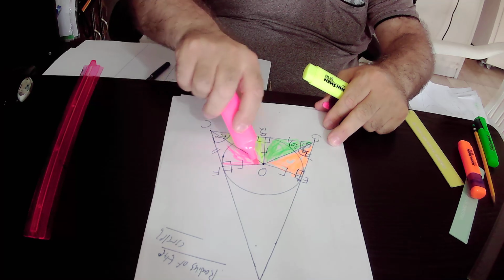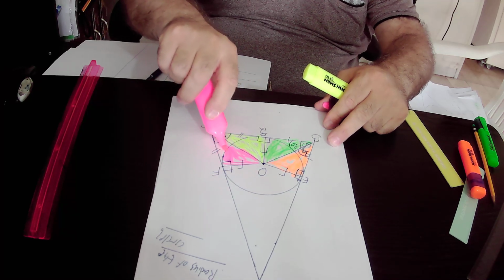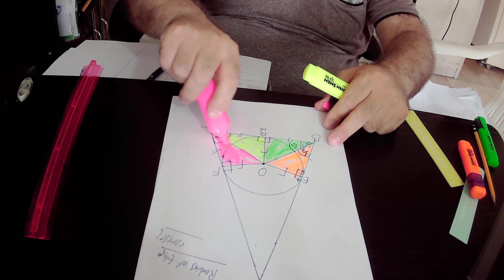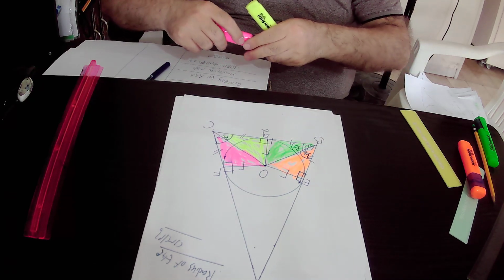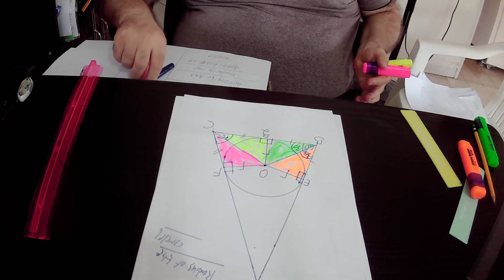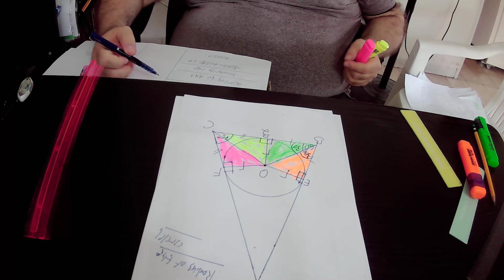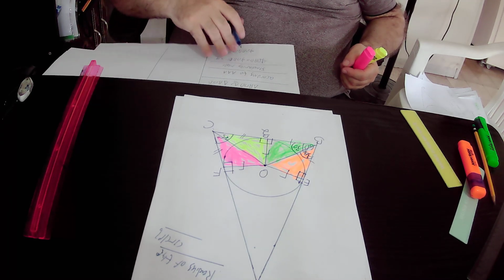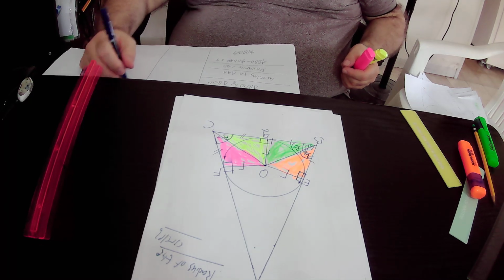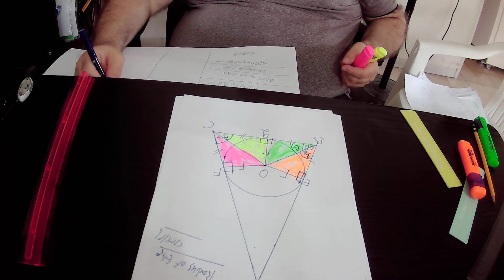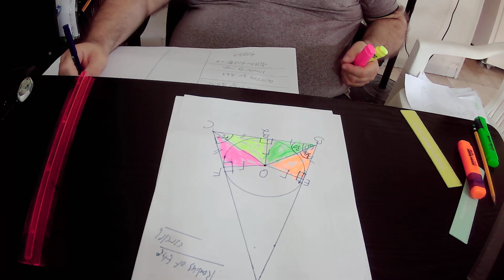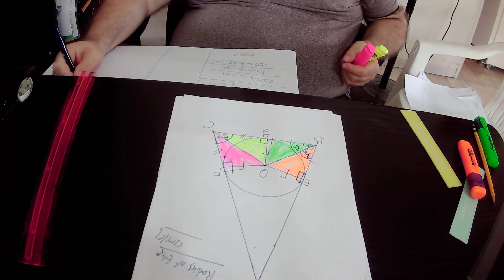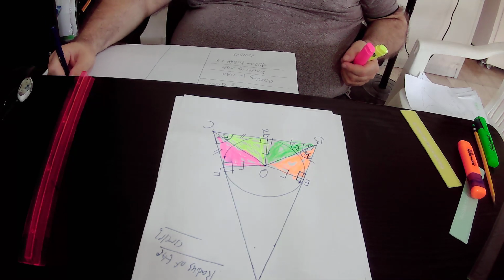Actually, those two triangles can also go into each other according to the side rule, so I prove it quickly. According to exactly the same rules, I write it down: the yellow triangle DOC and the pink triangle OFC.